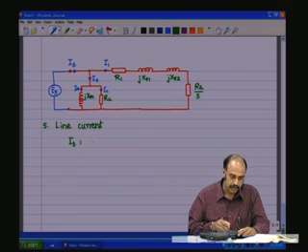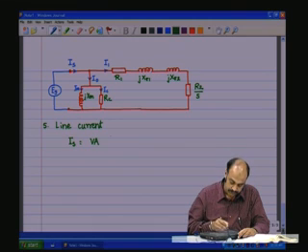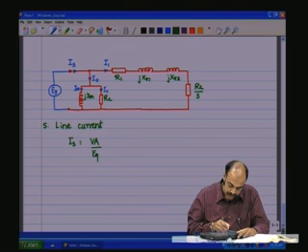So from the apparent power and the voltage, we know the apparent power VA divided by EG will be the effective value of the stator current. This is also called the stator current.